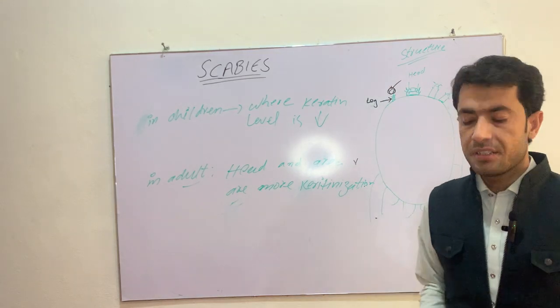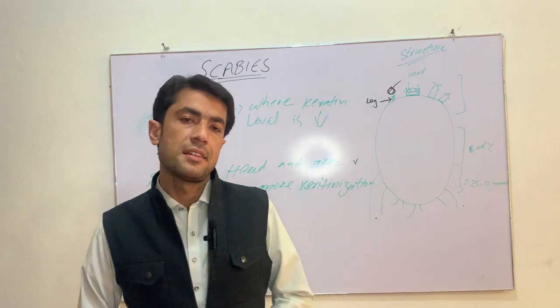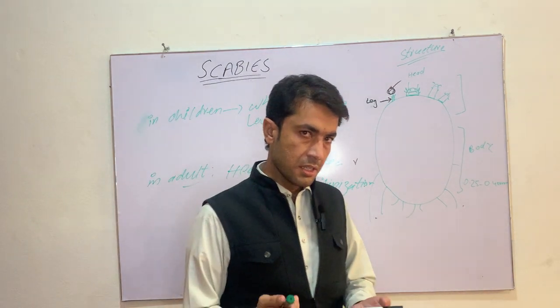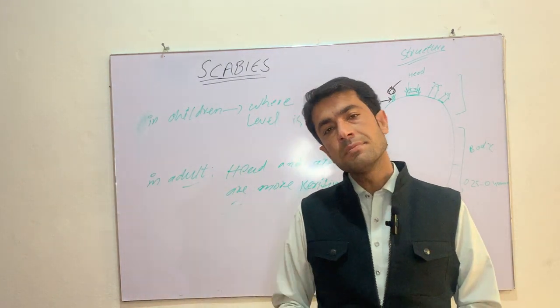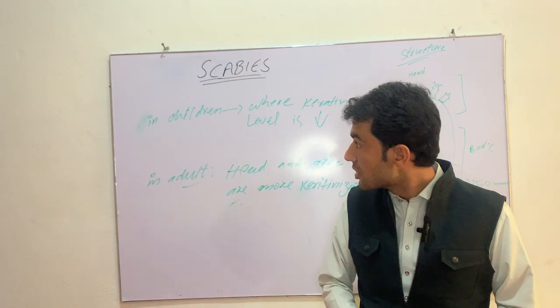That is the big difference between children and adults: the keratin level in the head and neck is higher in adults and lower in children.